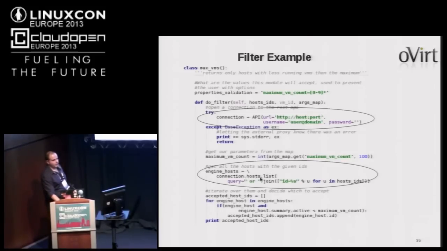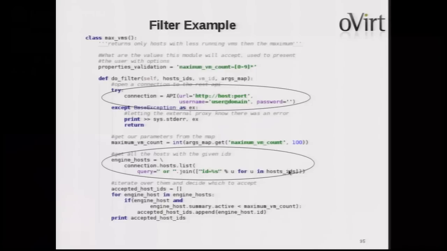And we query for the hosts. Again, we go to the hosts collection, asking to list hosts, and to choose only hosts that are in the list of host IDs I got as an input.